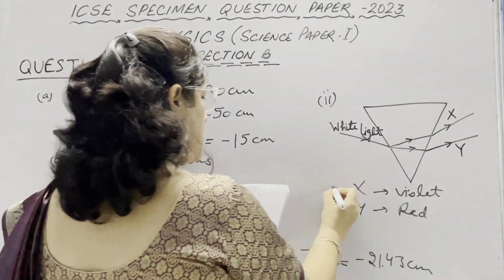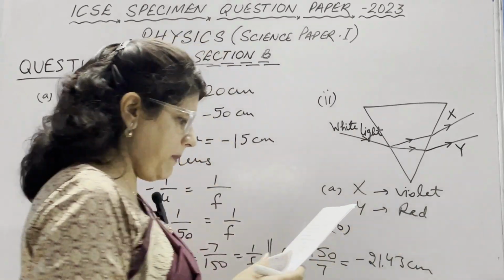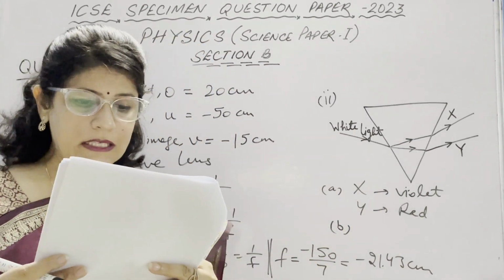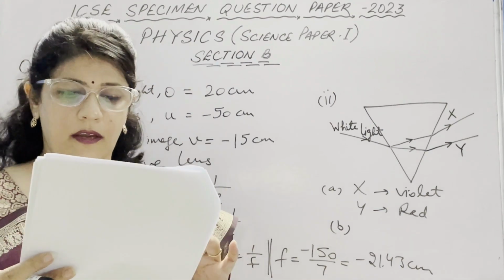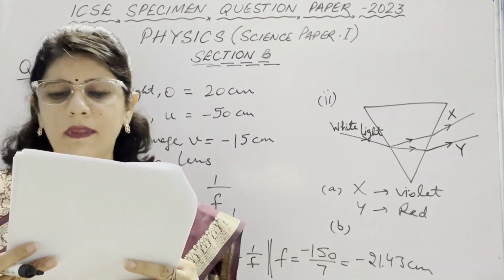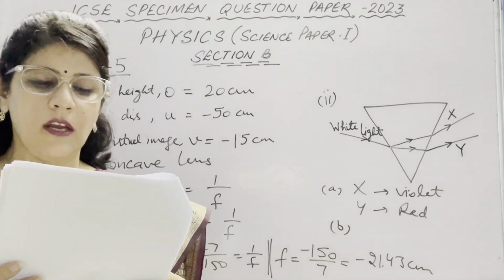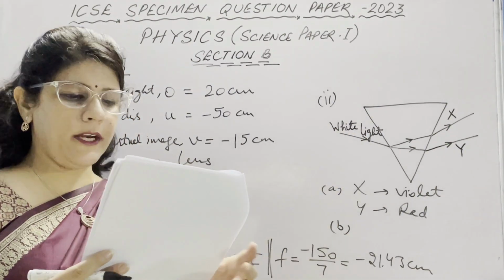In the B part, which color has greater speed in vacuum? If it is in glass, then the speed may vary, but in vacuum the speed is the same irrespective of their wavelength. The speed of both violet and red remains the same.